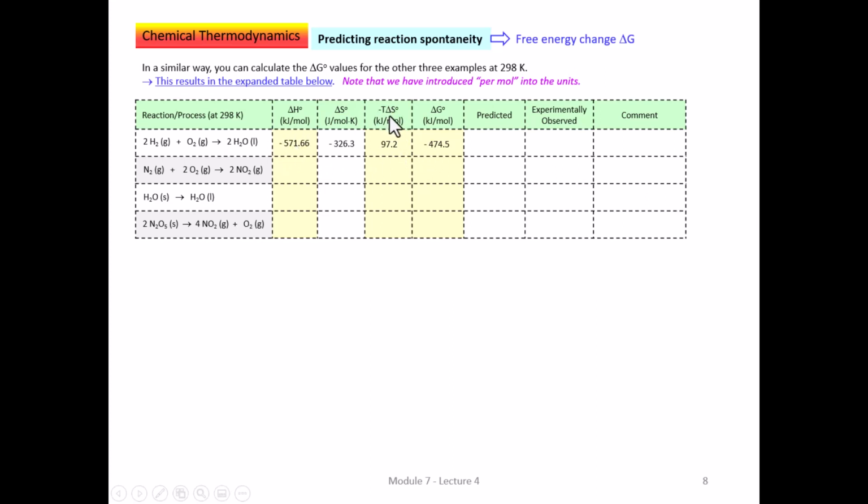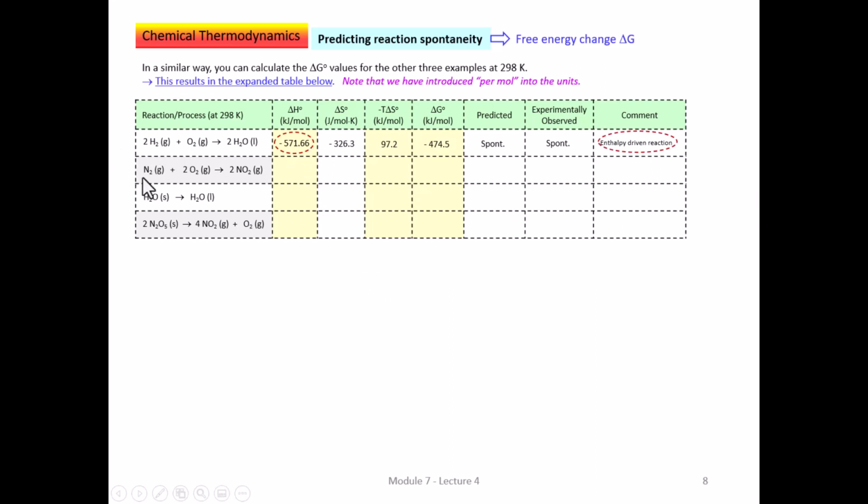The minus T deltaS term is pushing for a positive deltaG. The deltaH term wins out here. DeltaG is negative. You predict the reaction to be spontaneous, and of course it is. And then we say, of course, it's an enthalpy-driven reaction.